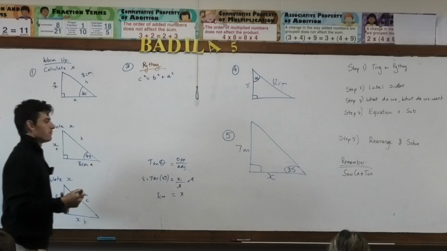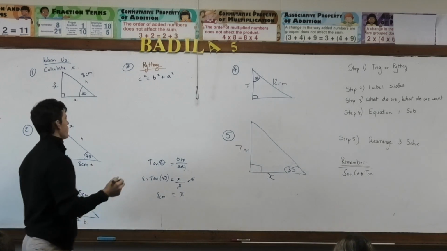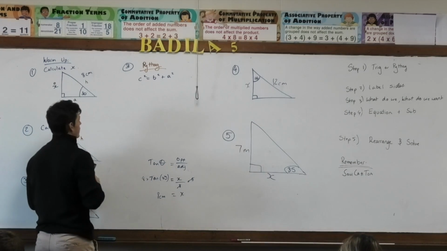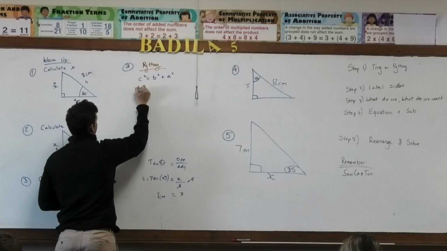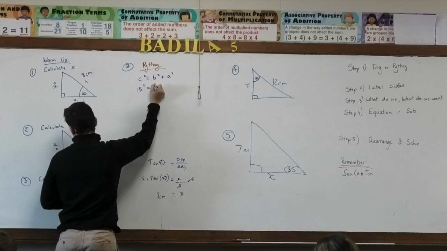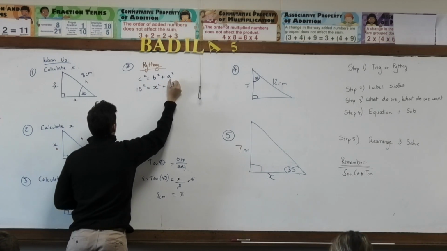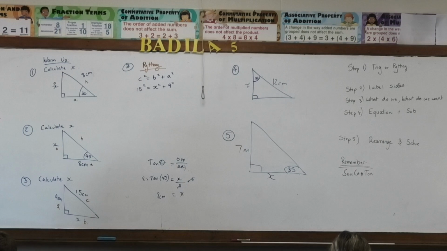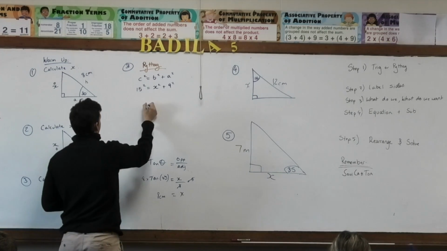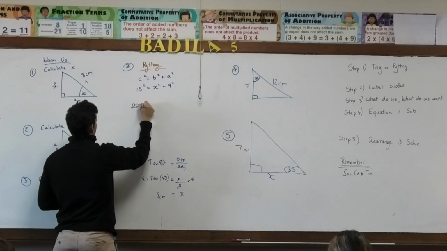I could rearrange, but I'm going to substitute first. So instead of writing C, I write 15. Instead of writing B, I write the value, and instead of writing A, I write x. What's 15 squared?